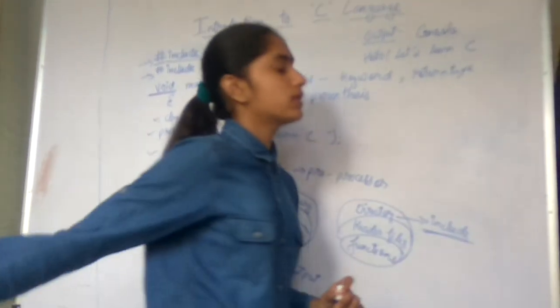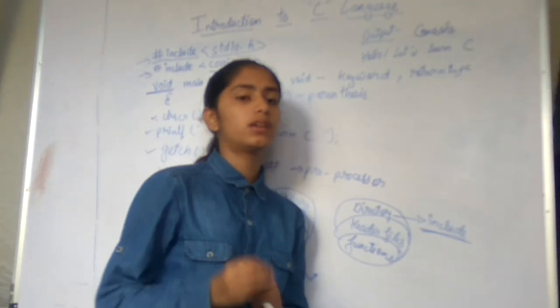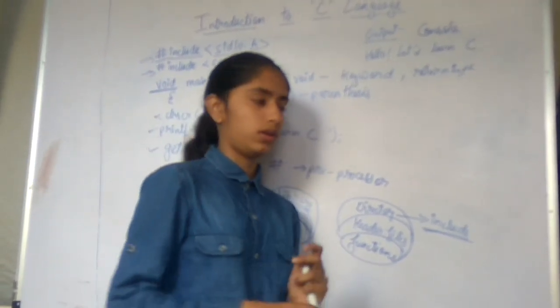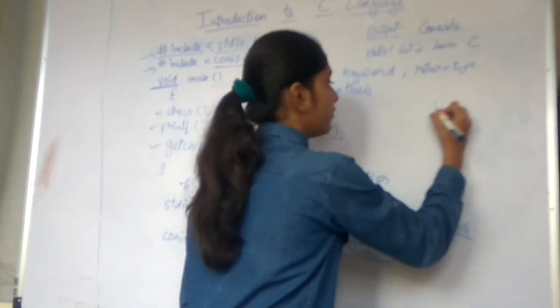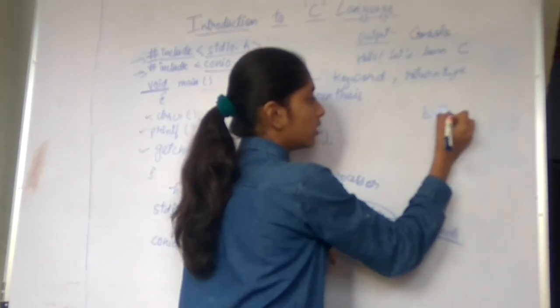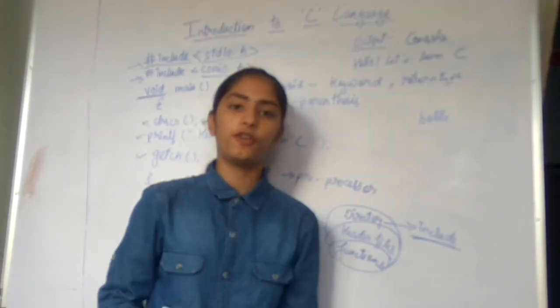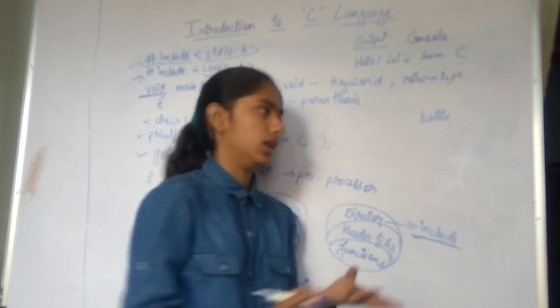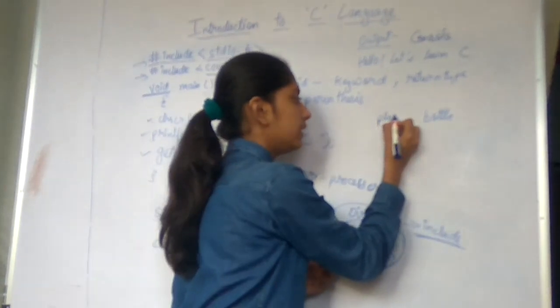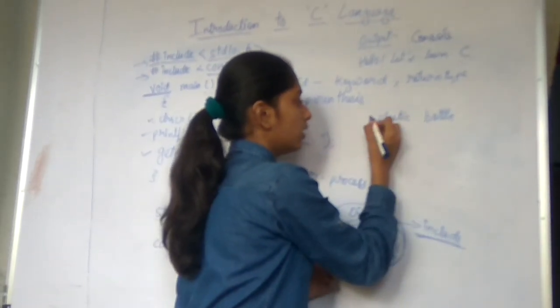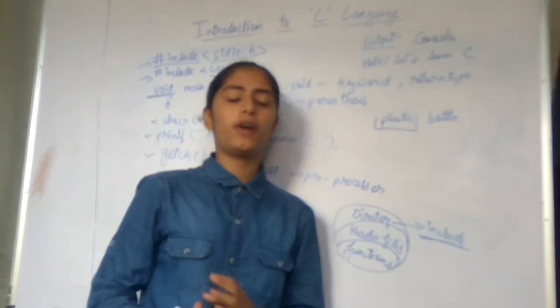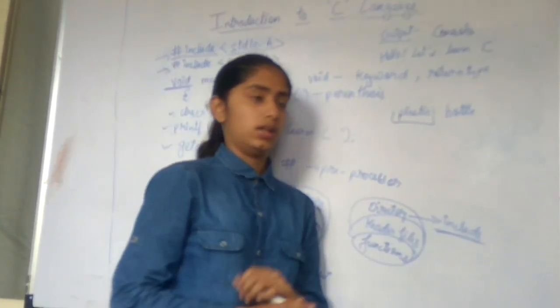Now return types are certain words which specify the type of value which is going to be returned. For example, if I ask you to pass me a bottle, it can be of any type: glass, plastic, metal. But if I specify that I need a plastic bottle, the word plastic specifies the type of material.